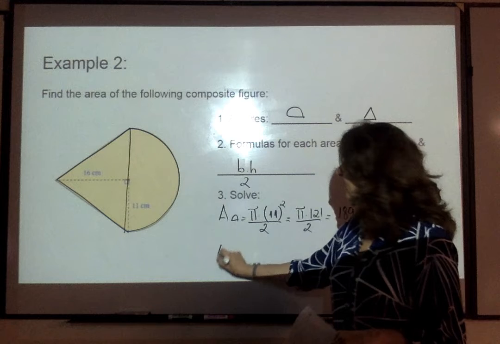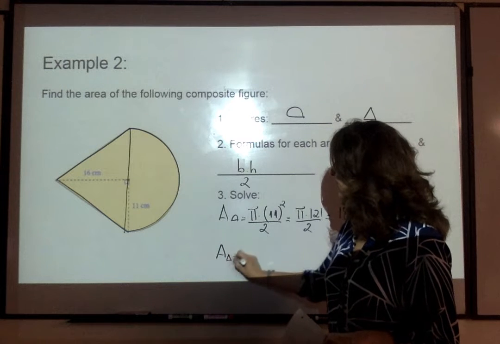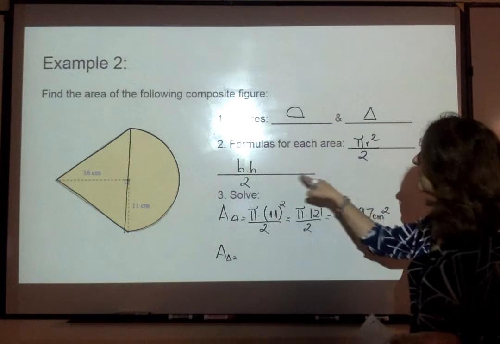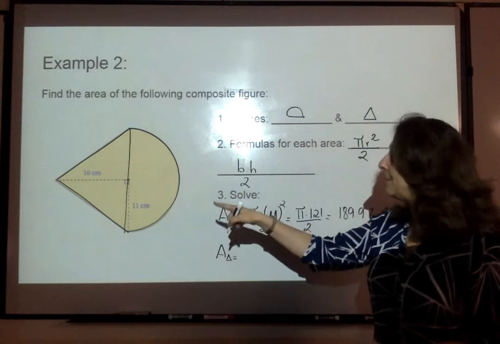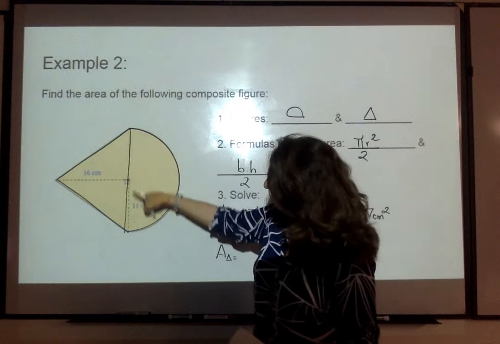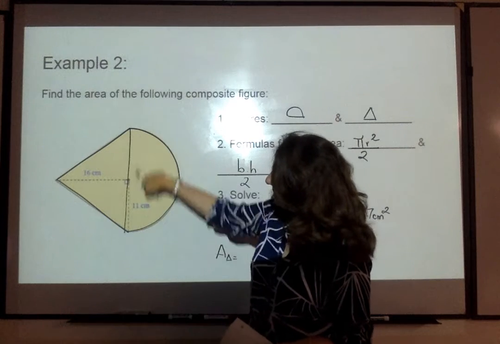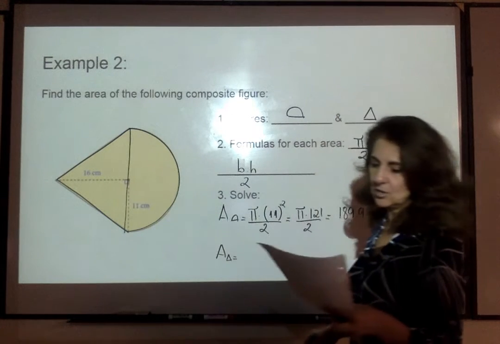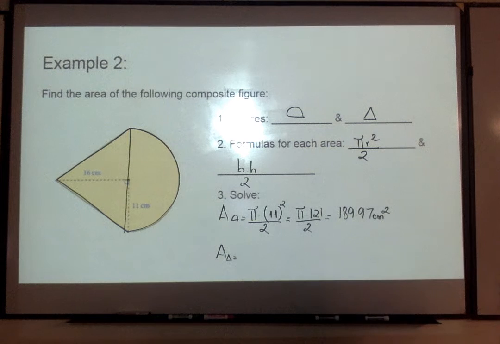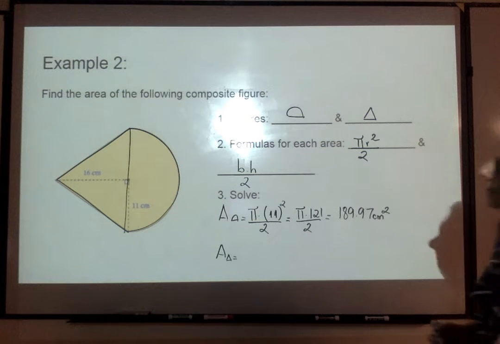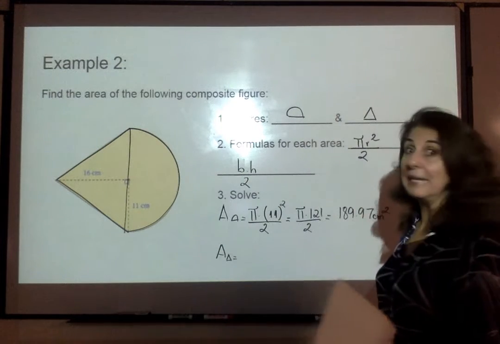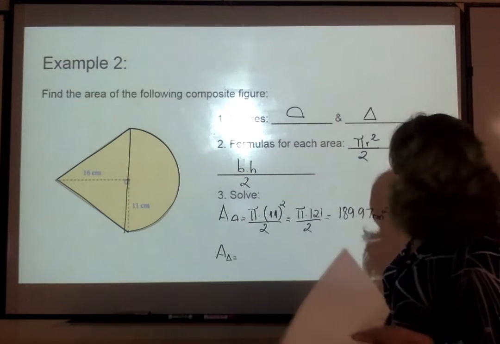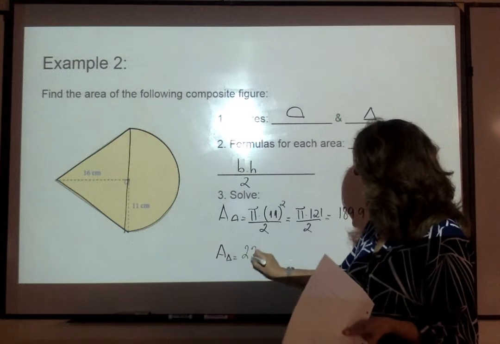Then the area of the triangle. The area of the triangle is base times height divided by 2. The base of my triangle here is what? The base here is 11 plus 11, which is 22.